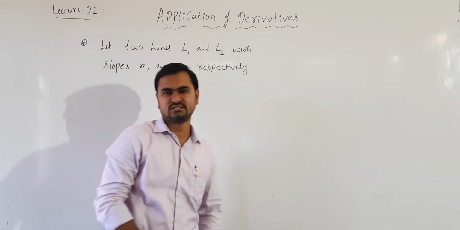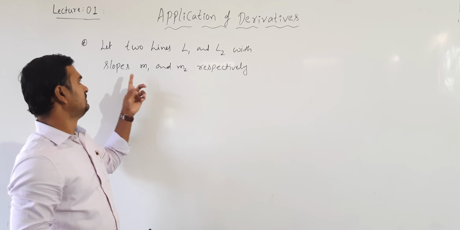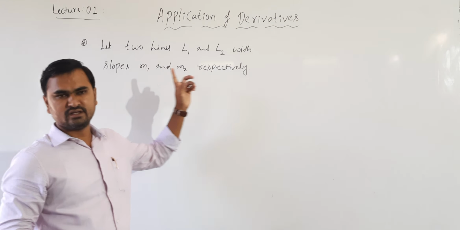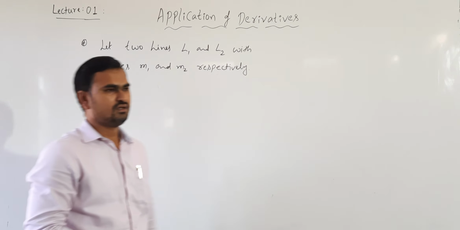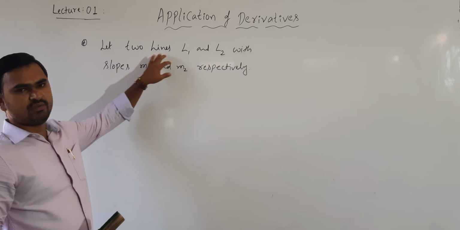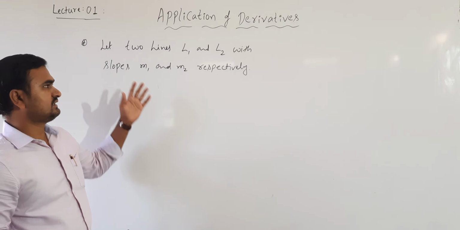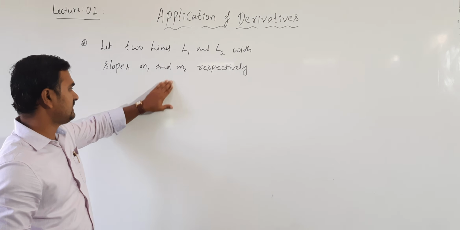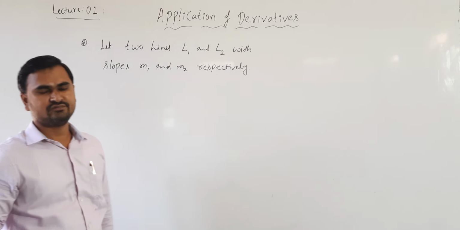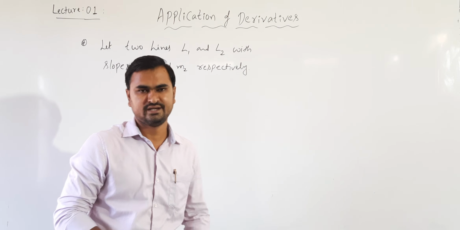So we have two lines L1 and L2, and their slopes are given as m1 and m2 respectively. Now these two lines may be parallel or may be intersecting. So what are the conditions for the lines to be parallel or perpendicular, or if they are intersecting, at what angle are they intersecting?